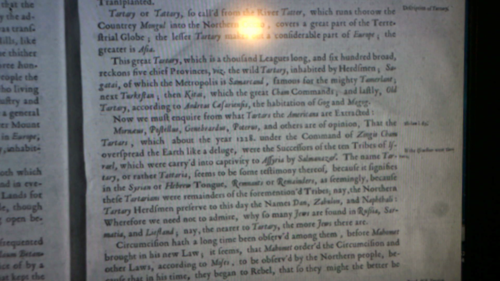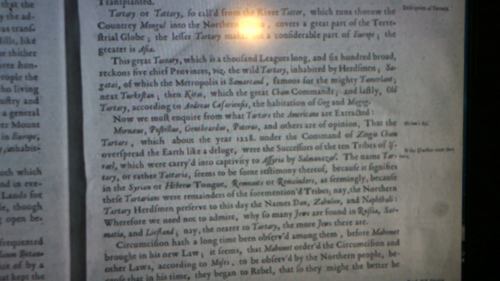The name Tartary, or rather Tartaria, seems to be some testimony thereof, being it signifies in the Syrian or Hebrew tongue remnants or remainders, as seemingly because the Tartarians were remainders of the fomented tribes, nay, the northern Tartary herdsmen preserve to this day the names Dan, Zebulun, and Naphtali, wherefore we need not to admire why so many Jews are found in Russia, Samartia, and Leesland. Nay, the nearer to Tartary, the more Jews they are.